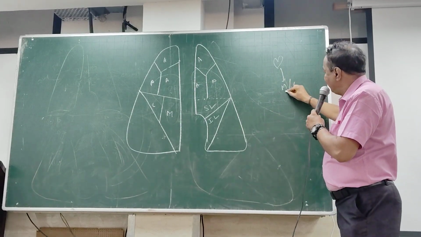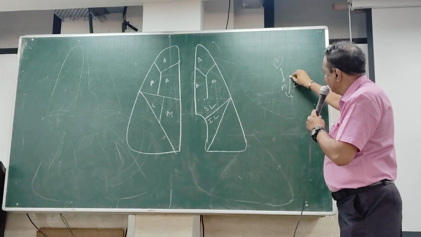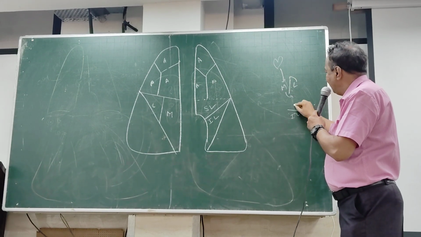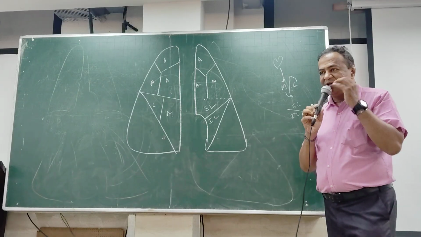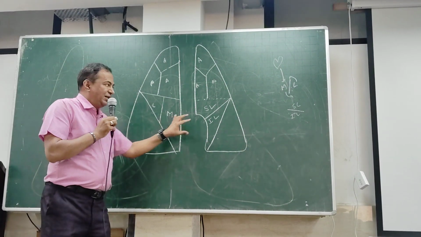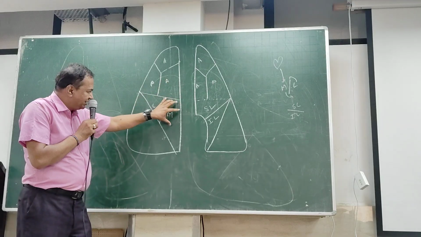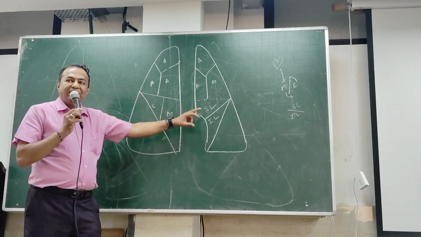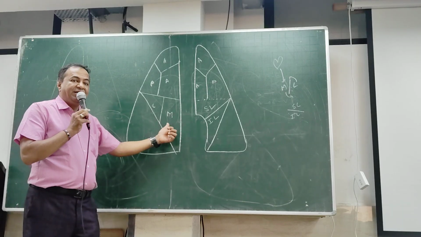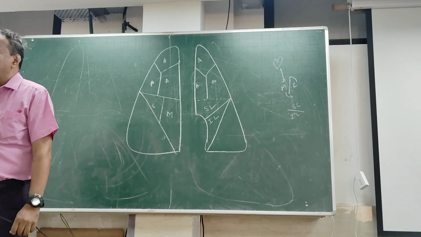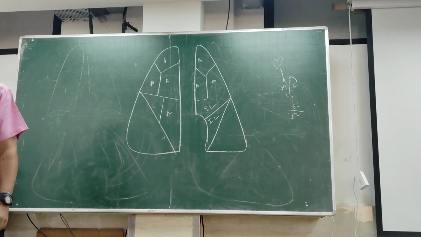When it descends, it pushes this, and the medial becomes inferior lingular and the lateral becomes superior lingular. So the structure was like this on the left side, but as the heart came down, it became like this. Therefore, on the right side in the middle lobe there is medial and lateral, and on the left side there is superior lingular and inferior lingular.